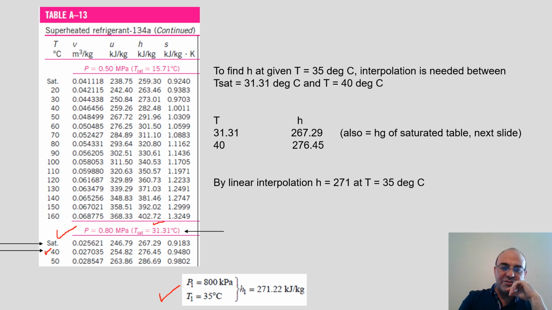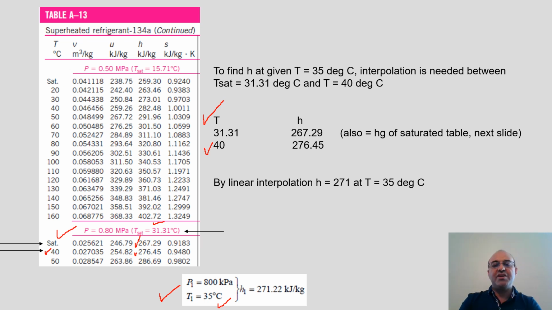But we do need this property h1 for 35 degrees C. Therefore, we need to interpolate between the saturated temperature 31.3 and 40, so we go ahead and do linear interpolation. At temperature 31.31 degrees C, h is 267, given here. At 40 degrees C, h is 276, which is given here.